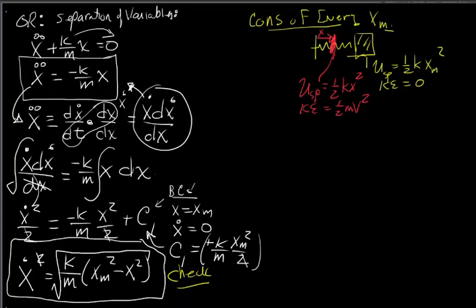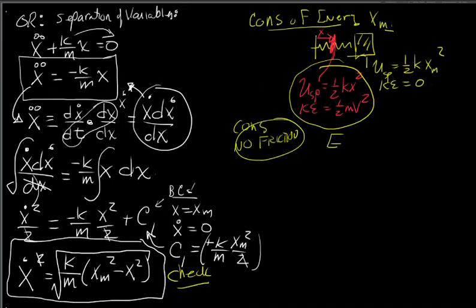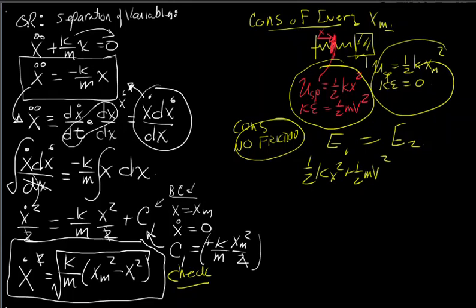And for a conservative system, we have no friction basically. We can say that this energy has to equal that energy. 1/2 k x squared plus 1/2 m v squared is equal to 1/2 k x max squared.